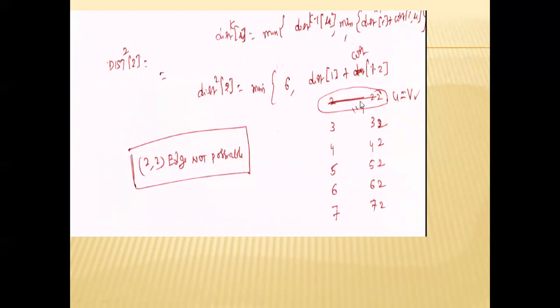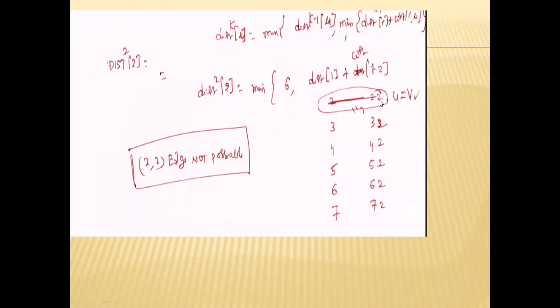First, it is the minimum of distance 1 comma 2. Next, we are not calculating 2 comma 2, because we are calculating the distance from 1 to 2. Here, representing 2 means there is no edge possible from 2 to 2.